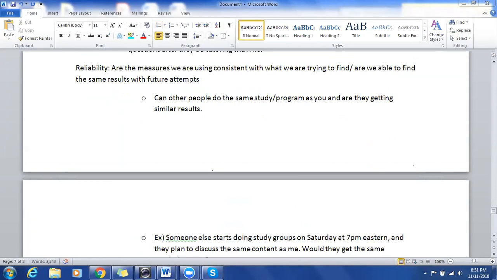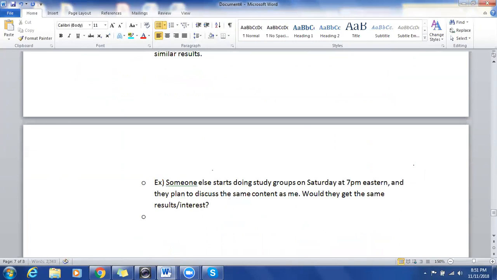Well, another reliability example would be when people use the acronym, they will have a higher likelihood to pass the exam.